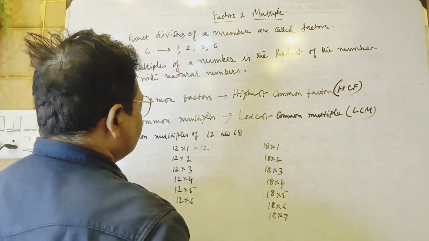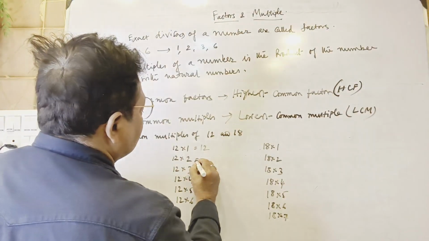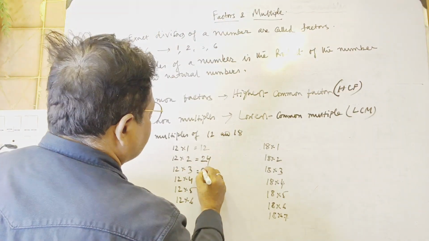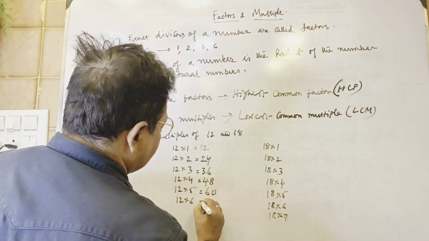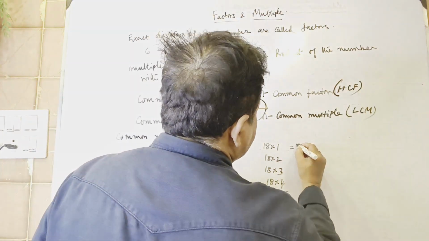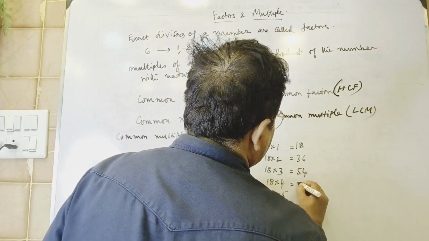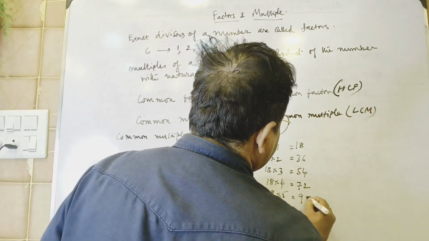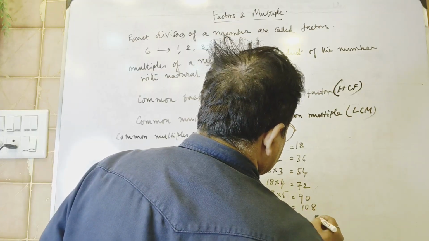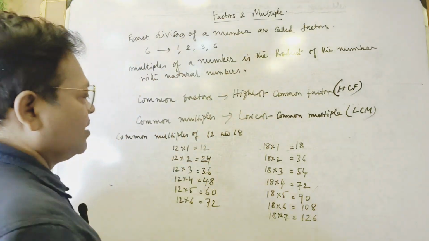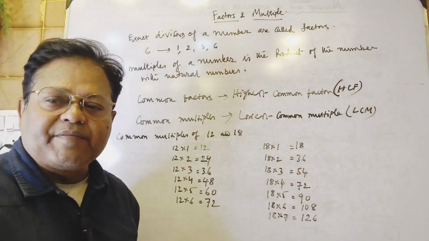So it is 12, 24, 36, 48, 60, 72, and here it is 18, 36, 54, 72, 90, 108, 126.